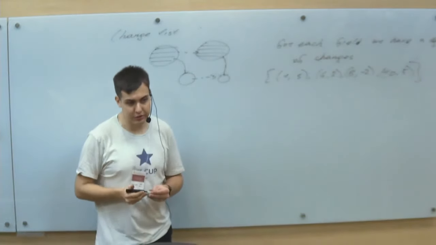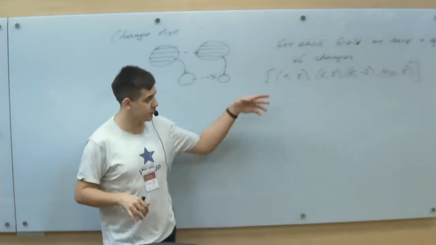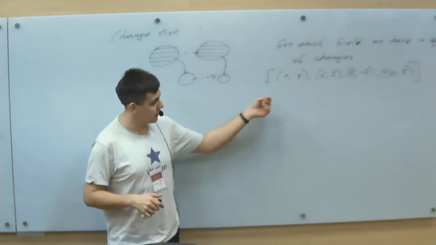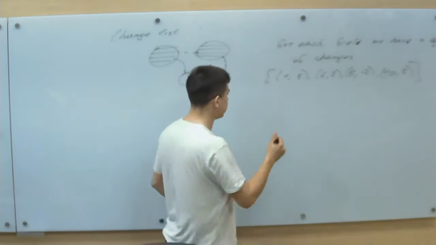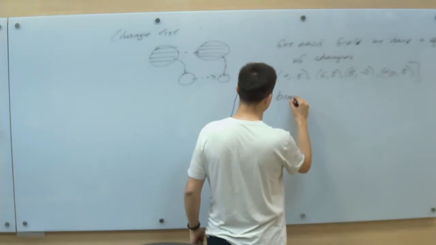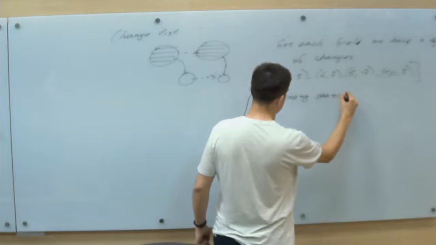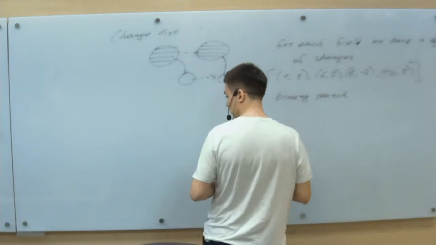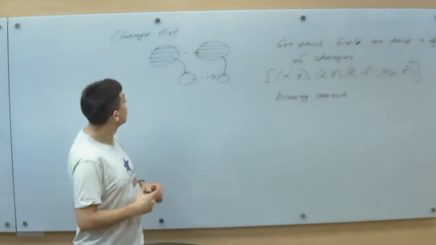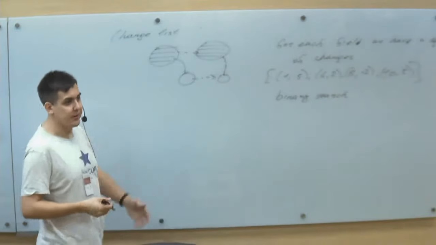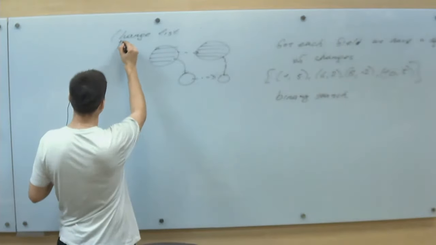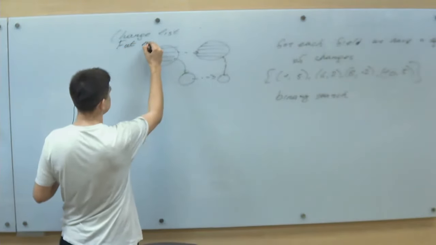Then to find the real value of that field, we have to do binary search. I think this is called fat nodes, if I remember right.